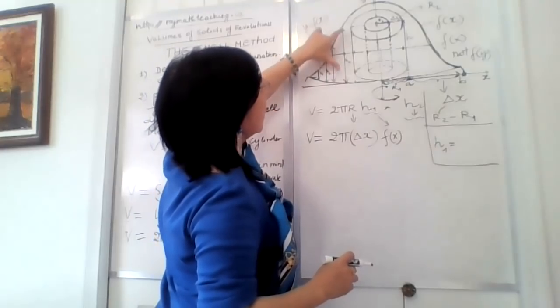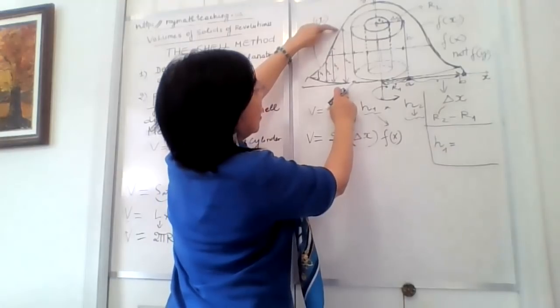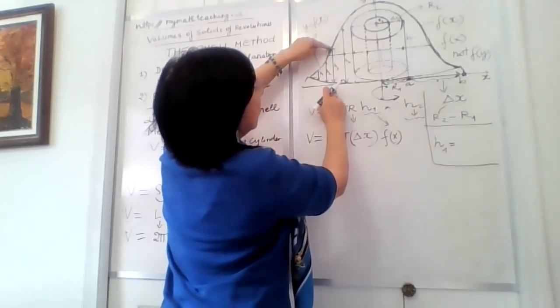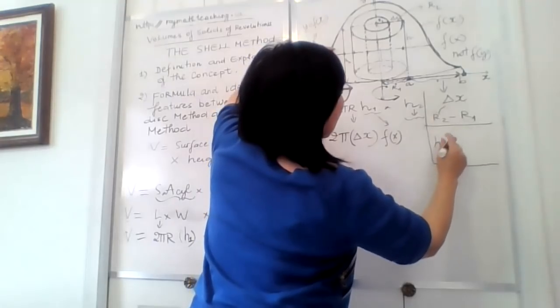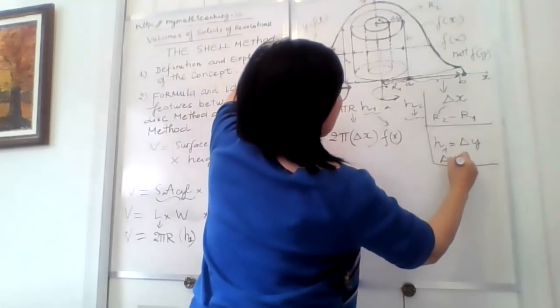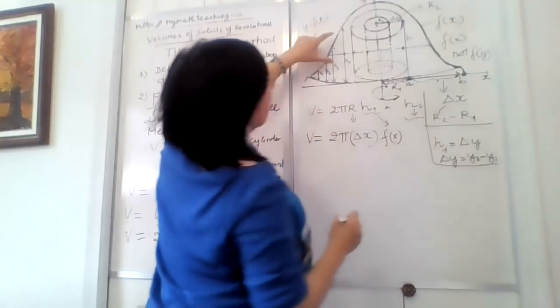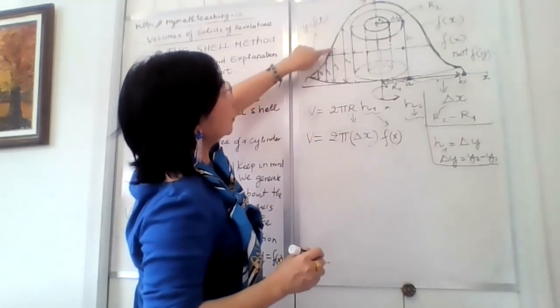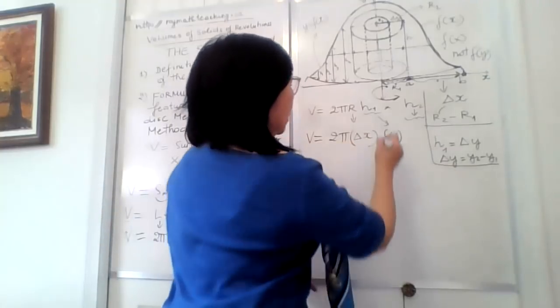So if you want to find the length from here to here, you use y2 minus y1. So the height here we call delta y, and delta y equals y2 minus y1. So that's the delta y.